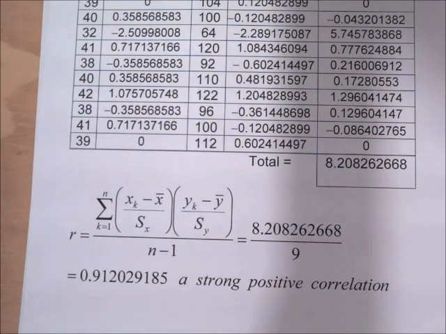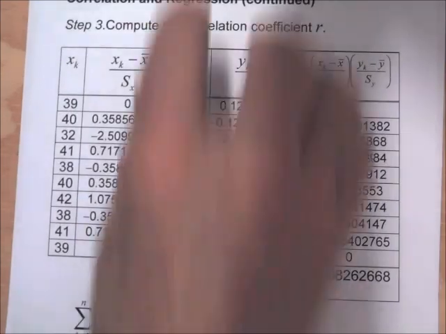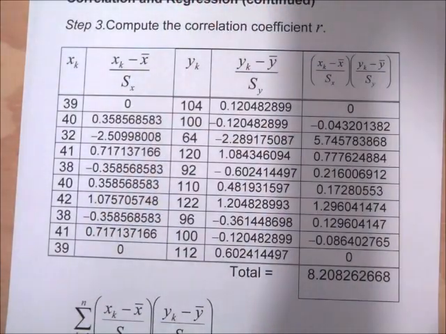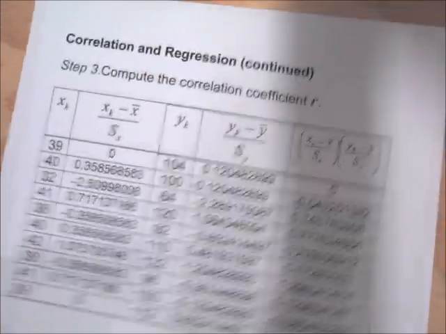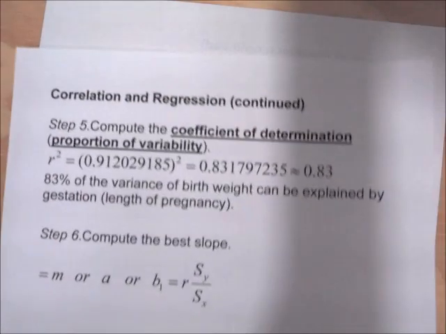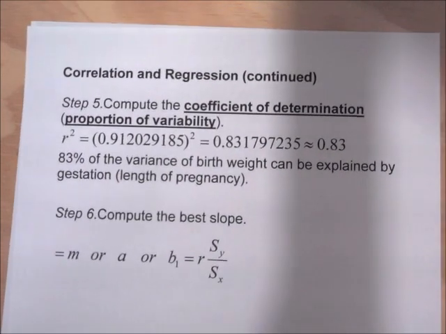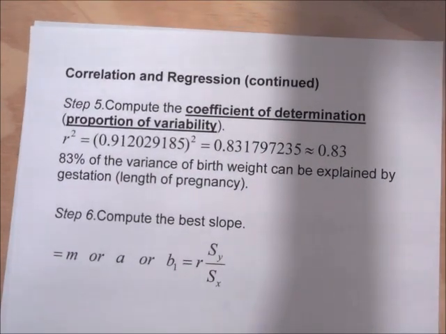Okay, so the hardest part of the computation is computing R. Once you have R, then the slope is not so hard. Before we compute the slope, though, we'll do R squared.